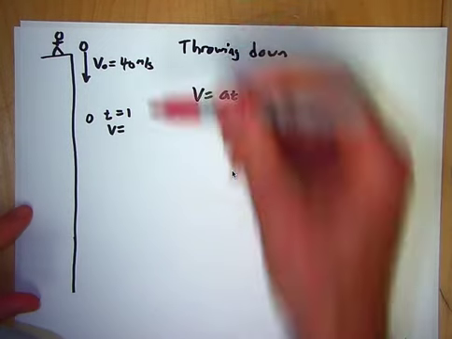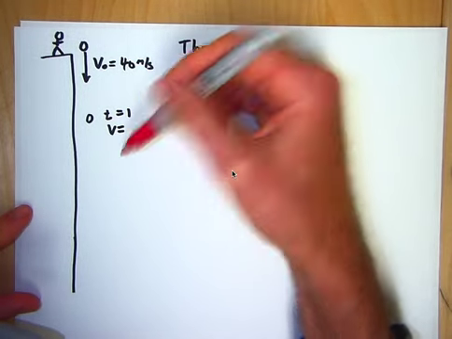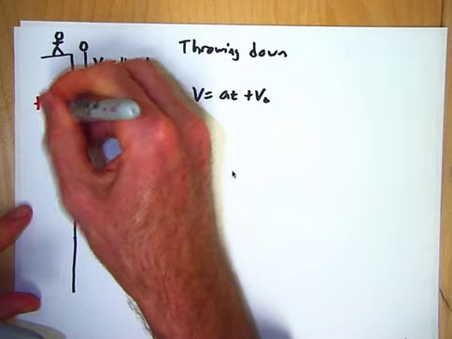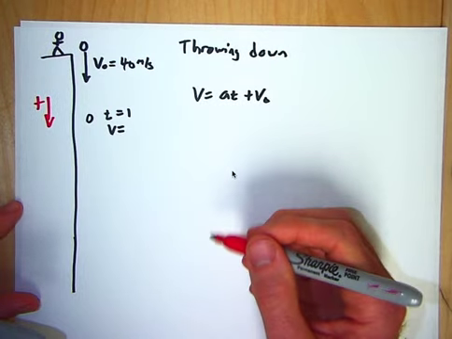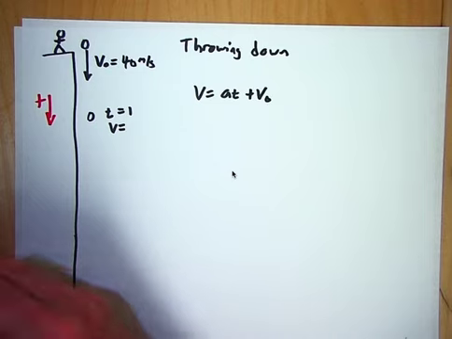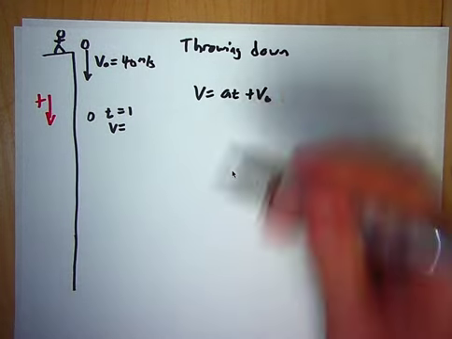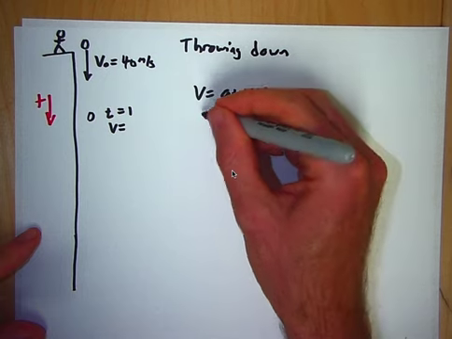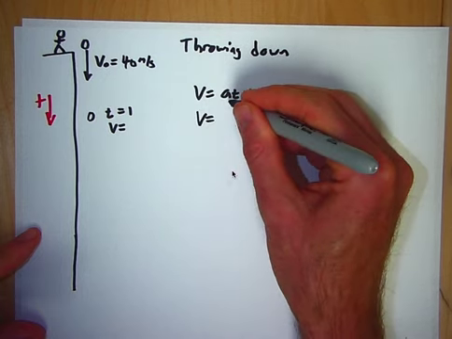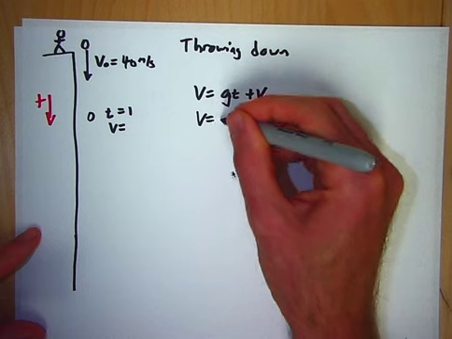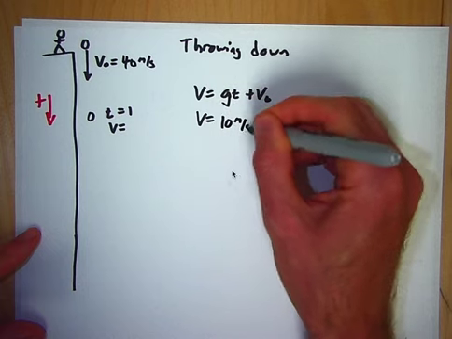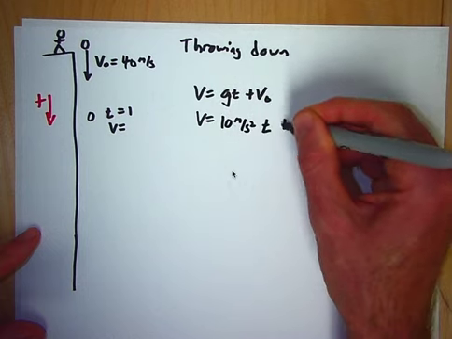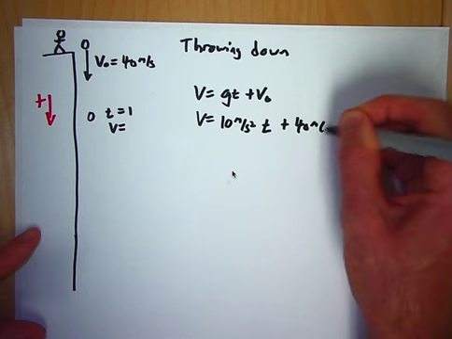This time, since everything's going in the down direction, I'm just going to go ahead and pick positive as the down direction, because I don't have anything going up, so there's no need to have anything in the up direction. That just means my gravity, my acceleration here, will be positive, and my initial speed will be positive. v equals, this is gravity potentially, so 10 meters per second squared times time plus 40 meters per second.